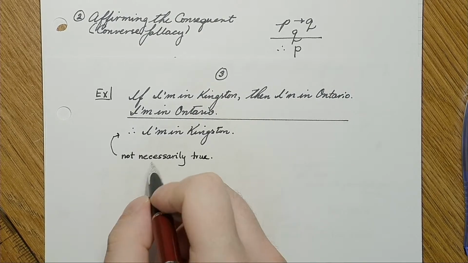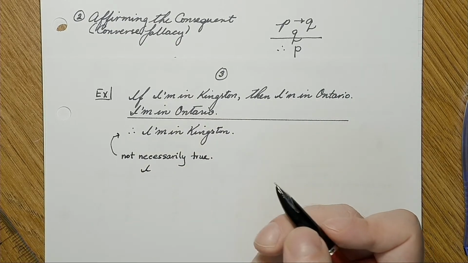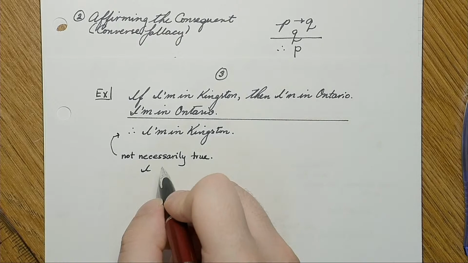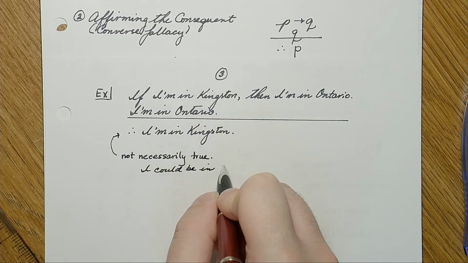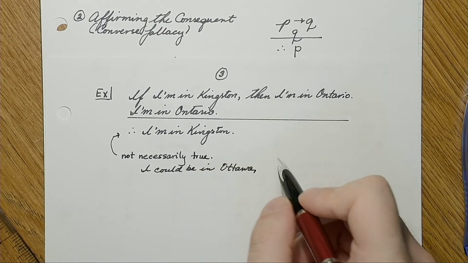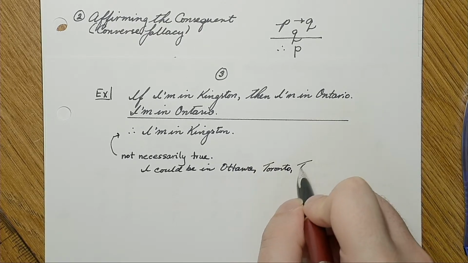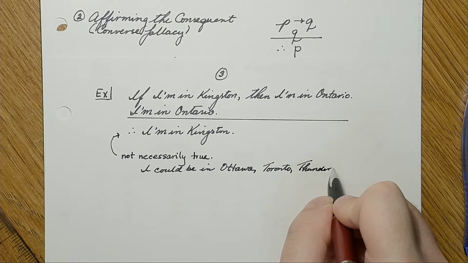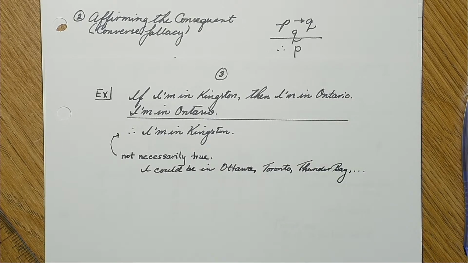that's not necessarily true. With the magic of the internet, I could be broadcasting this anywhere. I could be in Ottawa. I could be in Toronto. There's Thunder Bay. The list goes on. There's lots of cities in Ontario.